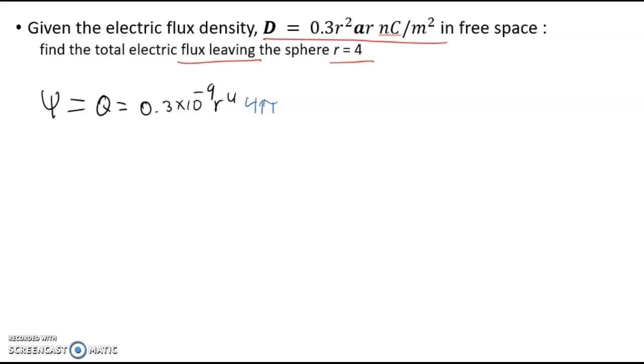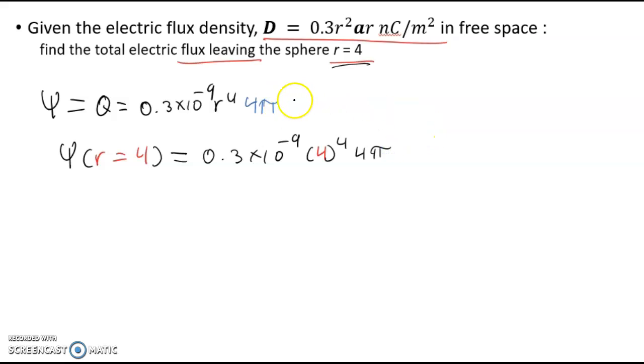And if we want to know the flux at radius equals 4, we substitute 0.3 times 10 to the minus 9, r to the fourth, times 4 pi, in coulombs.